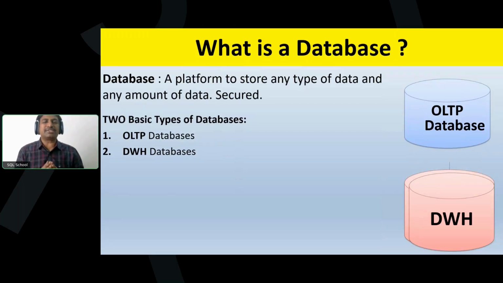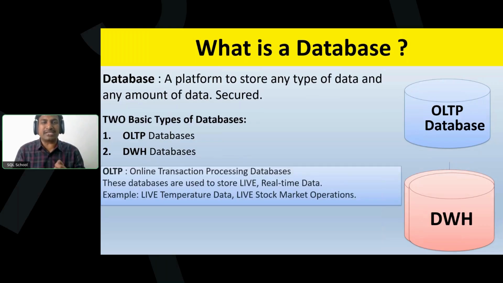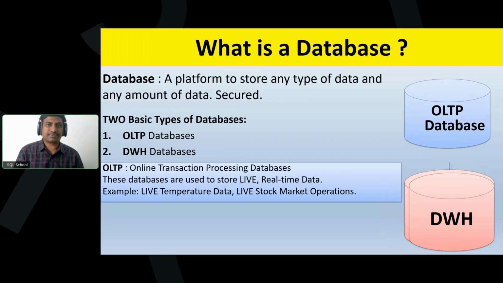A database is a platform to store any type of data. Barcodes, QR codes, captcha codes, passwords, any type of data we can store in a database, right? There are different types of databases.